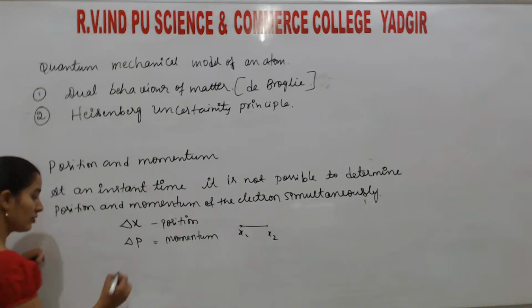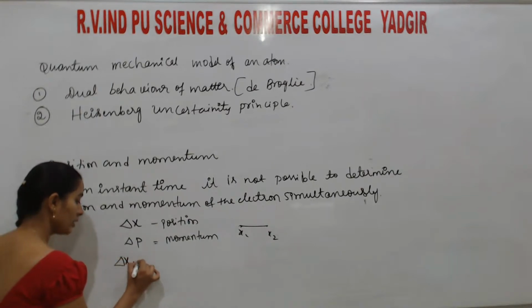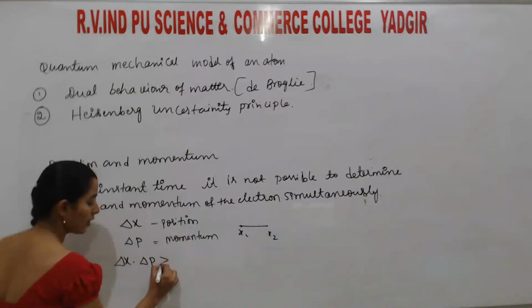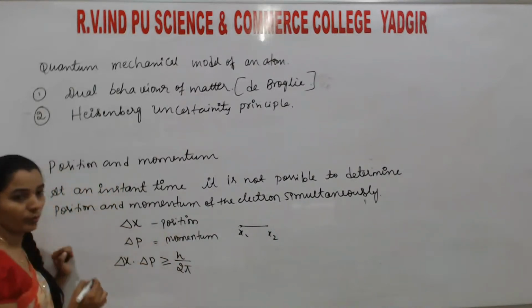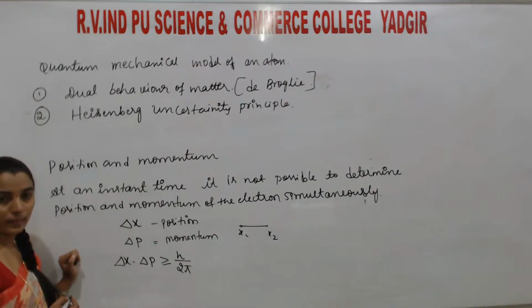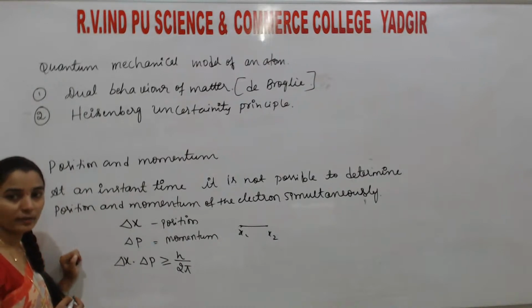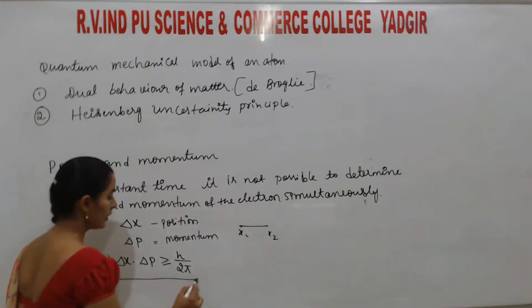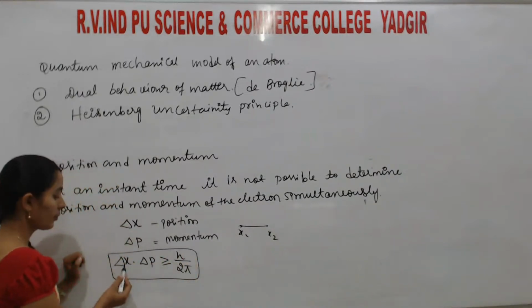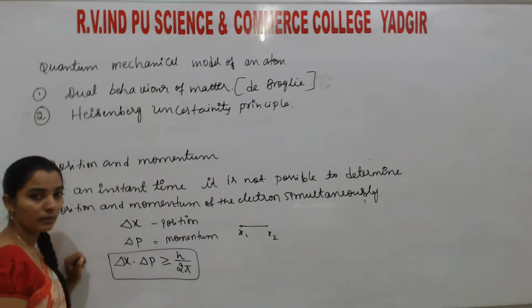How much? Delta x into delta p is always greater than or equal to h divided by 2 pi. This is the uncertainty relationship for position and momentum. Understood?